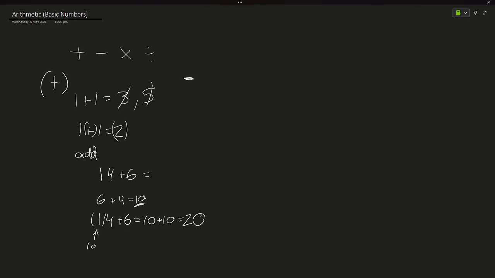Let's go on to subtraction. Let's say I have 5 bouncy balls and I give my friend 3 bouncy balls. How much am I left with?